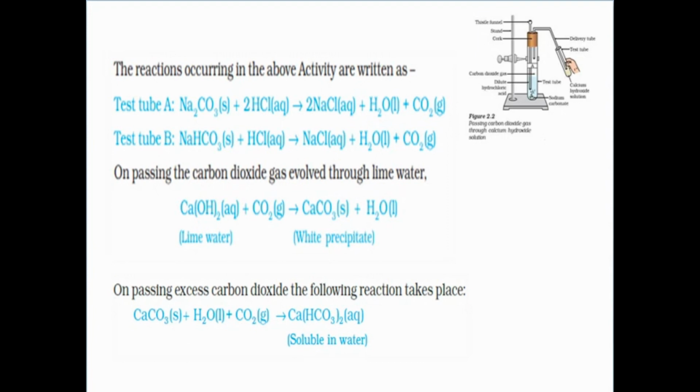Initially you'll get the formation of white PPT, and after that, when lots of carbon dioxide is released, the excess carbon dioxide will react with the white PPT already formed by the reaction of Ca(OH)2 and CO2. You will see the formation of Ca(HCO3)2, and this solution will be soluble in water. So now you'll see that the precipitate will dissolve.